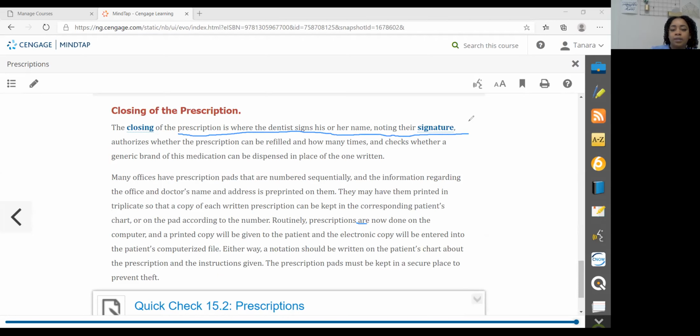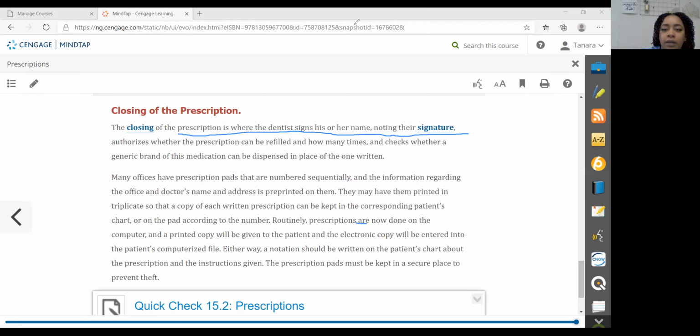And that's to let the pharmacist know, hey, I'm writing this prescription. I am a legal doctor. I am allowing refills, and I want you to make sure you give this to this patient and write the directions out carefully so they know how many times to take it and whether there's a generic brand. That's one of the major parts of a prescription that you need to know.